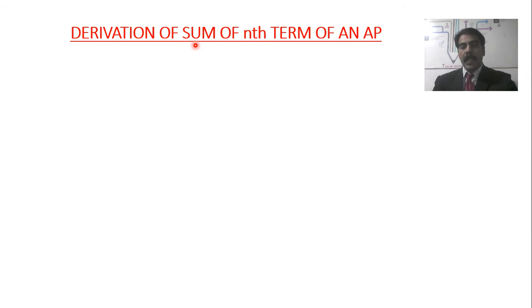Students, if I ask you to deposit rupees 1 on 1st February, rupees 2 on 2nd February, rupees 3 on 3rd February, rupees 4 on 4th February in your piggy bank, and then I ask you how many rupees will you deposit in your piggy bank on 28th of February, what will be your answer?